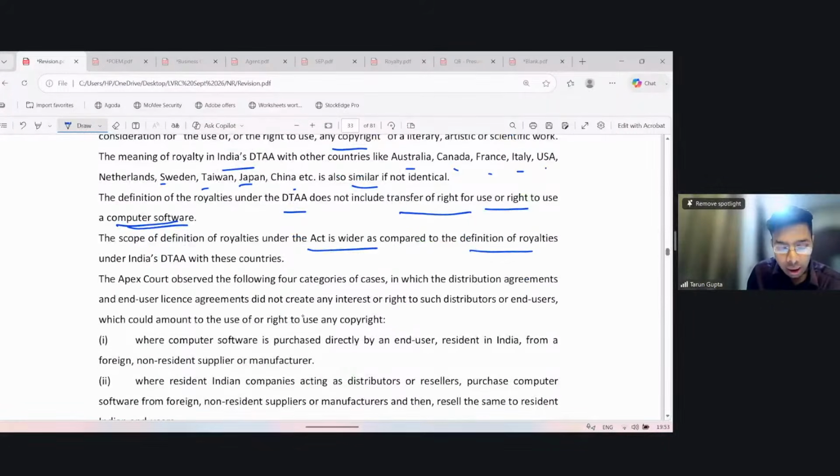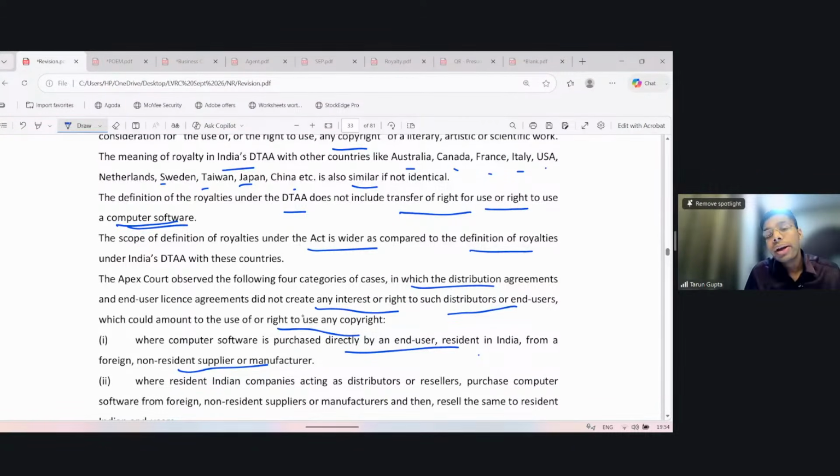The apex court observed the following 4 categories of cases in which the distribution agreement and end user license agreement did not create any interest or right in such distributor or end user which could amount to use or right to use copyright. So in these 4 cases, the payment shall not qualify as royalty under the DTAA. First case is where the software is purchased directly by the end user resident in India from a foreign non-resident supplier or manufacturer.